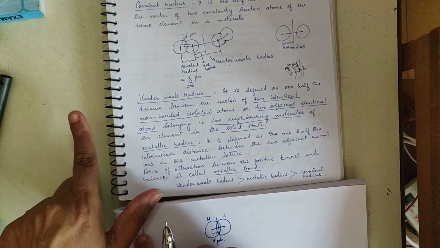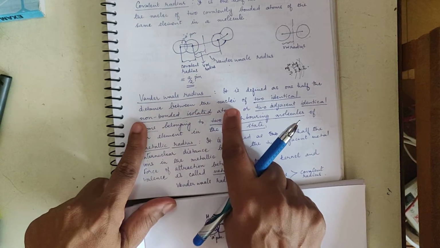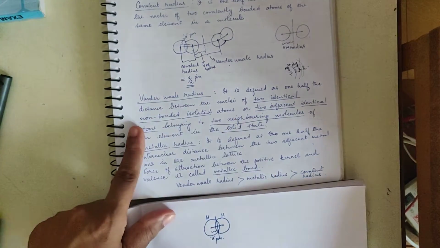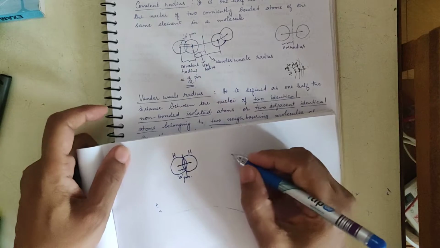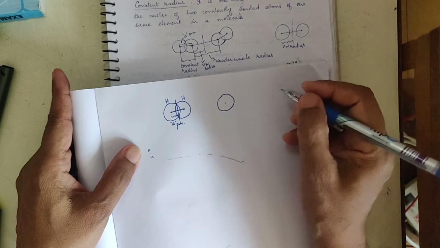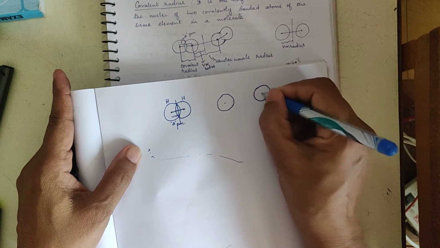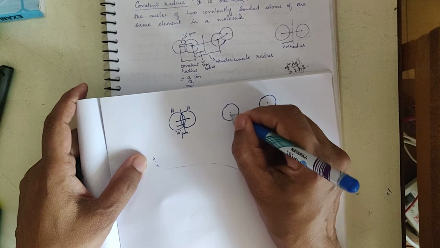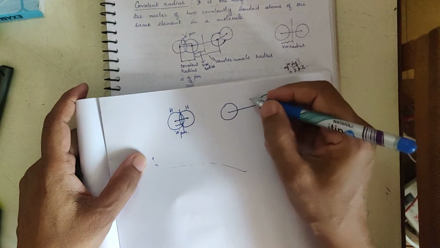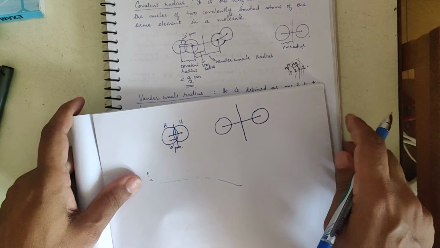Now what is van der Waals radius? It is defined as 1/2 the distance between the nuclei of two identical non-bonded isolated atoms. Now say this is one helium atom, and this is another helium atom, and the distance between the nuclei is this, and 1/2 the distance is this, right?